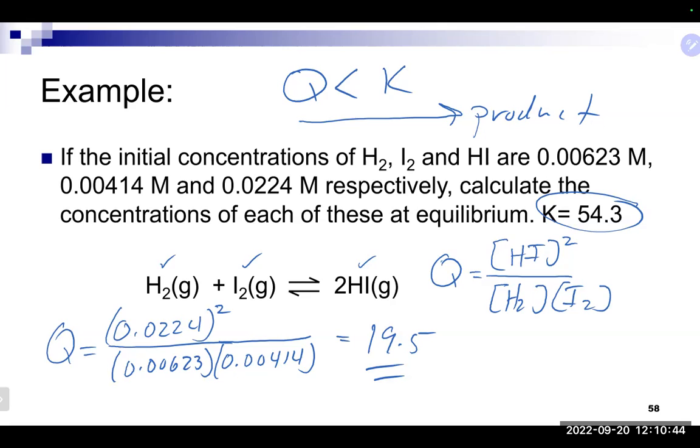All right, now that we have everything sort of set up here, we're going to go into our ICE table and do our equilibrium calculation here. So we'll rewrite our equation, start with that. So we have H2, I believe, plus I2 going to 2HI.